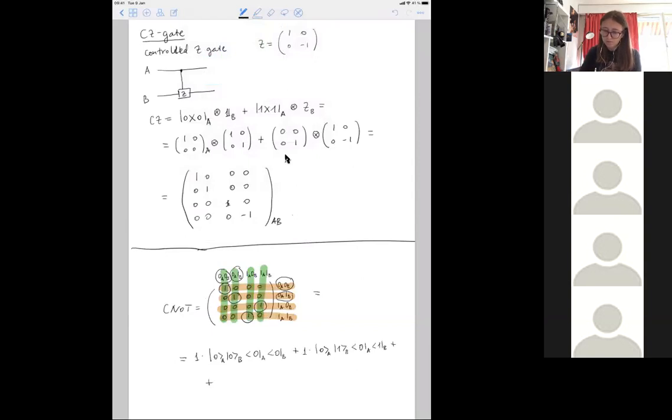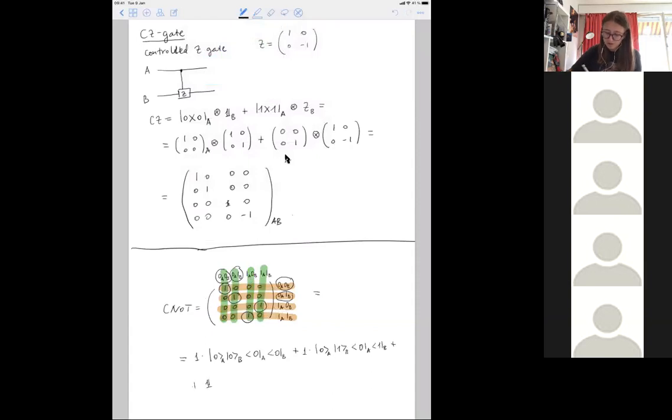plus. So the third one, by which I mean this one, is an intersection of the row 1, 0 and the column. Oh, sorry. Actually, I looked at the wrong place.